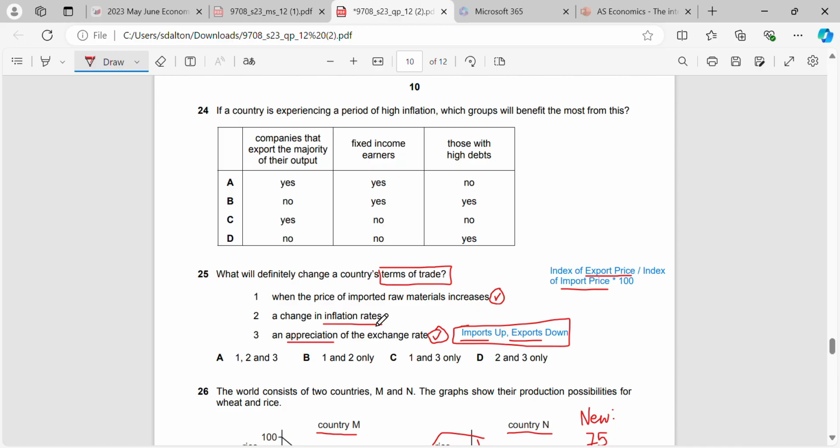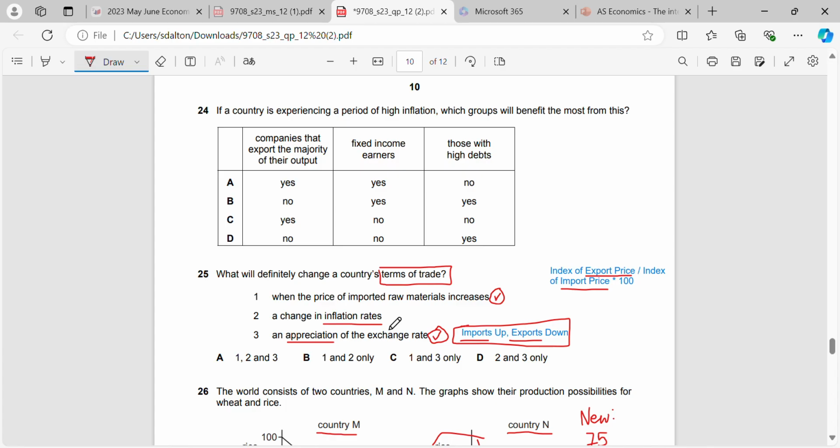So it's possible that that could be passed on to our exporters. But there are certain situations where the change in inflation rates does not necessarily result in a change in the terms of trade. Because if we think about it, there can be exporters who are importing raw materials from other countries, right? If we have inflation in our own country, they may be able to import at the same price that they were previously getting because they're not affected by our domestic rate of inflation.